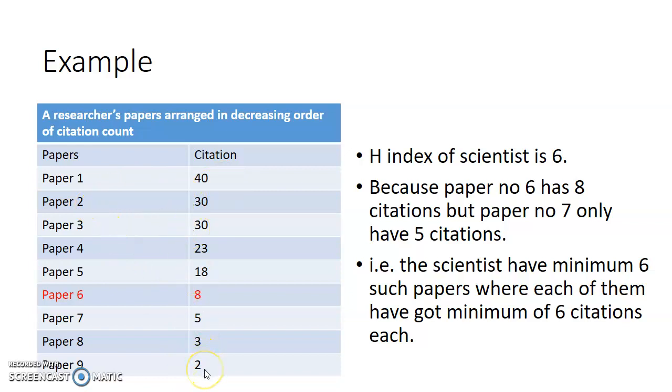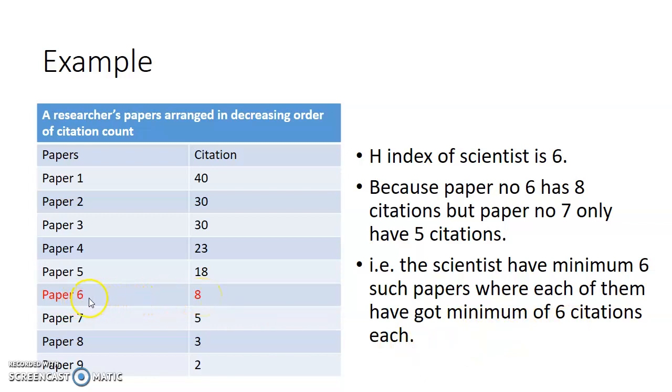Now for this scientist, his H-index will be 6 because paper number 6 has 8 citations but paper number 7 has 5 citations.